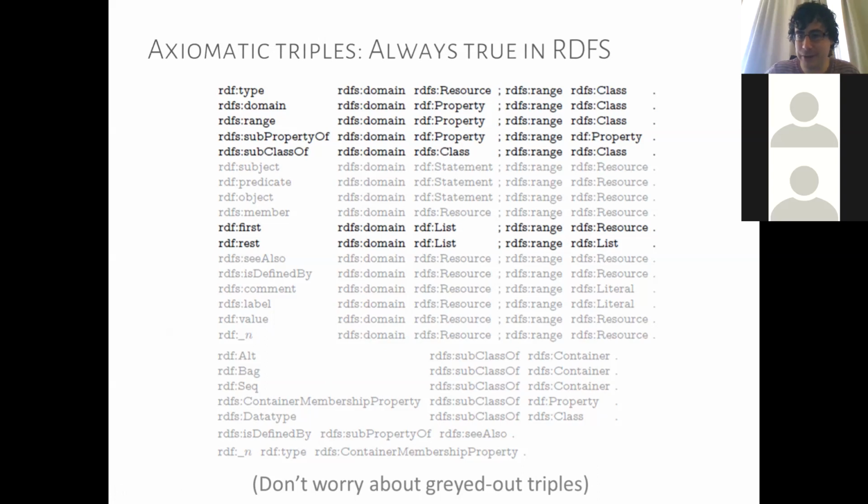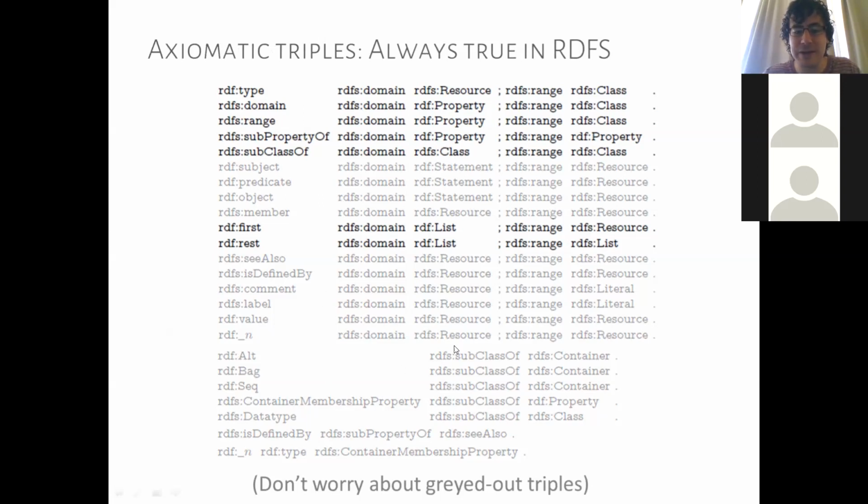We can't give a complete definition, but we can partially define the vocabulary using the vocabulary itself, which seems a slightly weird thing to do, but as a result, these triples always hold true. So for example, we can say the domain of domain is a property. If we have A domain B, then A must be a property and B must be a class.